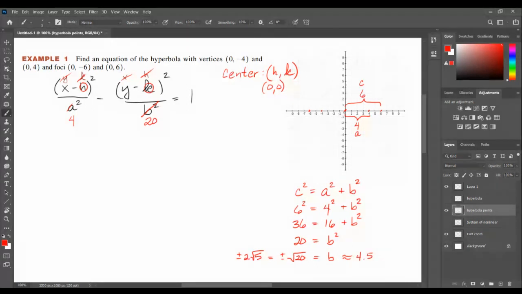So I'll come up 4.5, put a line, come down 4.5, put a line, and recall that this connection through the vertex creates this little box that will help me in graphing. It goes through the vertices and it goes through the B. And if you'll recall, what we did is we said, well, that allows me to find the asymptotes.